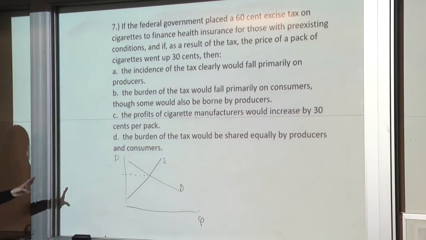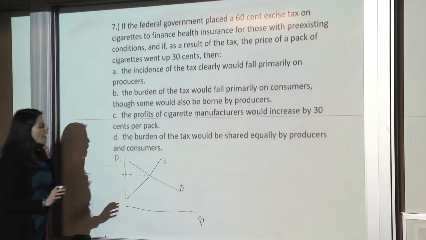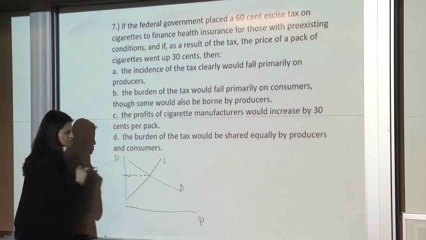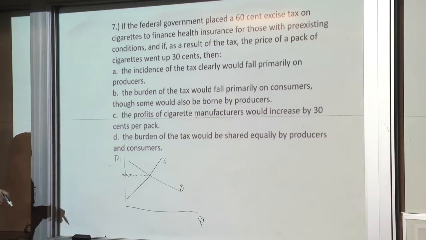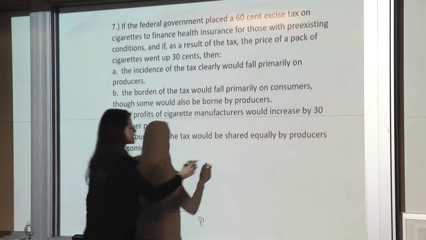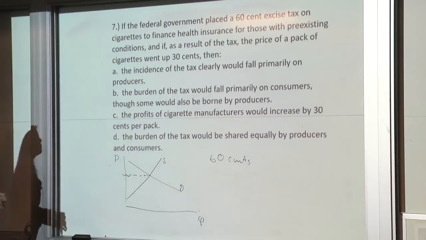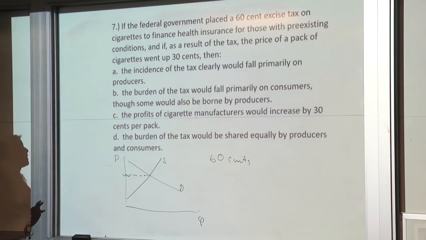So this is my market for cigarettes, right? And this is the equilibrium price of cigarettes. They are telling me that the government places a tax of 60 cents to finance health, and then as a result, the price of a pack of cigarettes goes up by 30 cents.